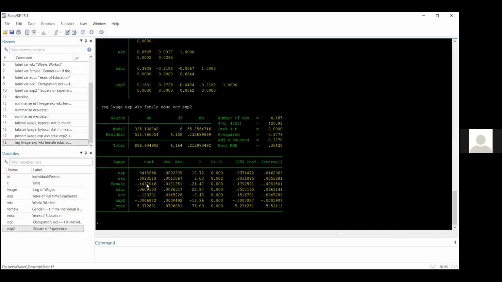This is a negative. Now, what would you mention here on female, for instance? We have a minus 0.44 for a female. It is a dummy variable. What does this mean in relation to wages? A dummy variable usually has a base category, meaning you don't interpret it on its own.